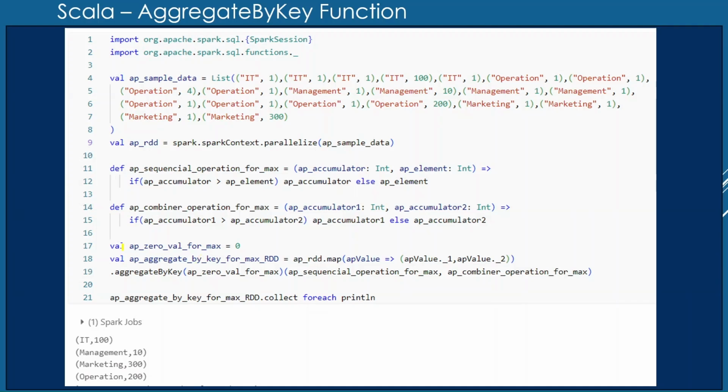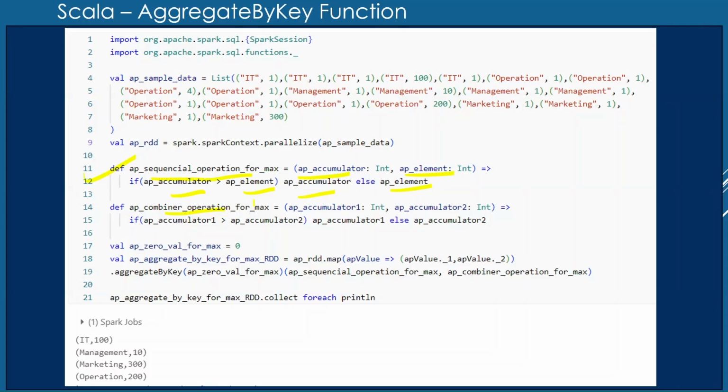Now here we are doing the max aggregation, right? In the sequential operation, we are passing two parameters, AP accumulator and AP element. If AP accumulator is greater than AP element, then return AP accumulator, otherwise return AP element.